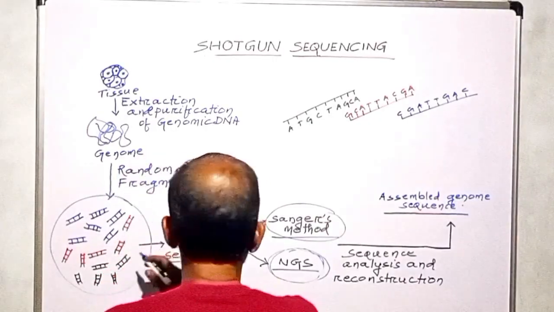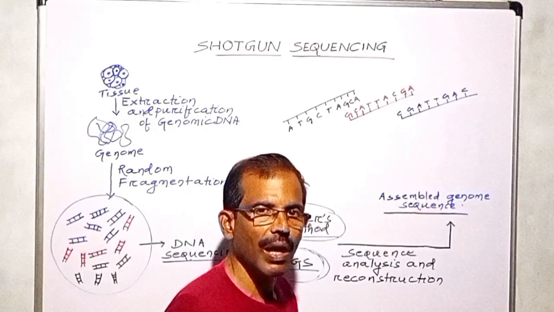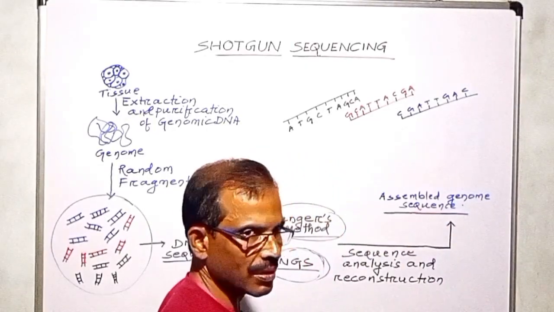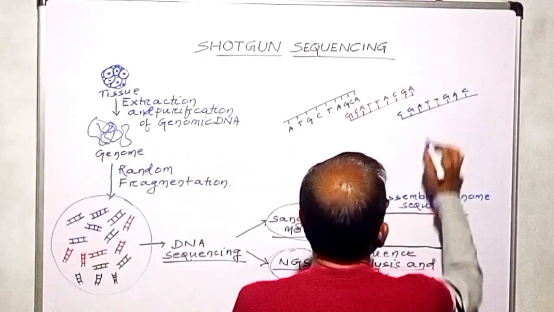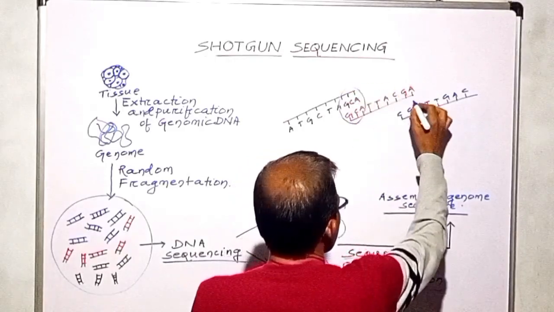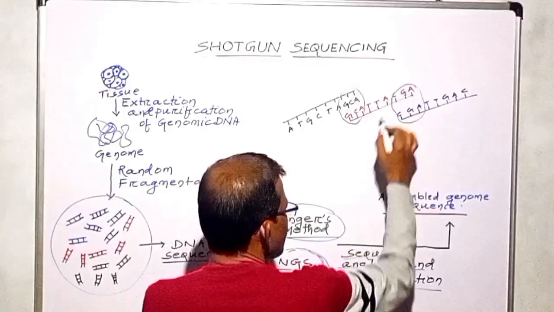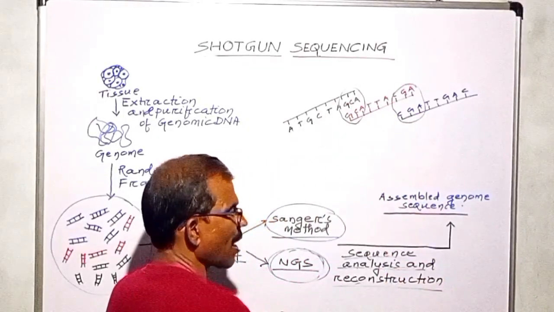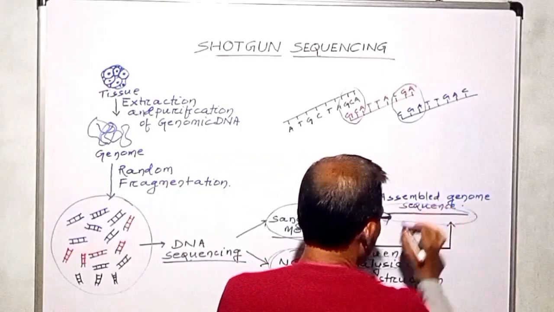All the sequence fragments are analyzed, and then based on their overlapping regions, the complete sequence is reconstructed. For example, we have 3 DNA fragments, and these are the overlapping regions between them. Based on these overlapping regions, we can place the 3 different DNA fragments one after another in this particular sequence.